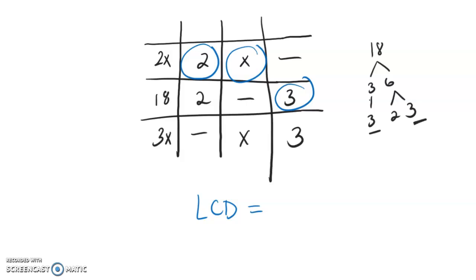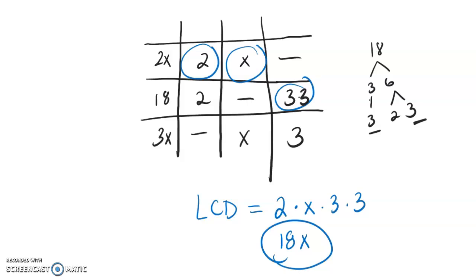There are 2 3's here. So let's put that. The 18 is made up of 2 times 3 times 3. So when I write it down here, it would be 2 times x times 3 times 3. Taking the highest amount of each column gives me 18x.